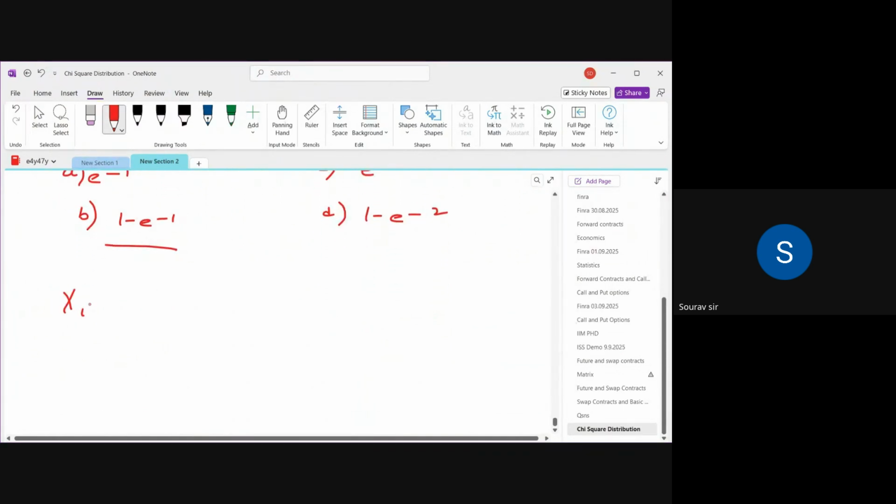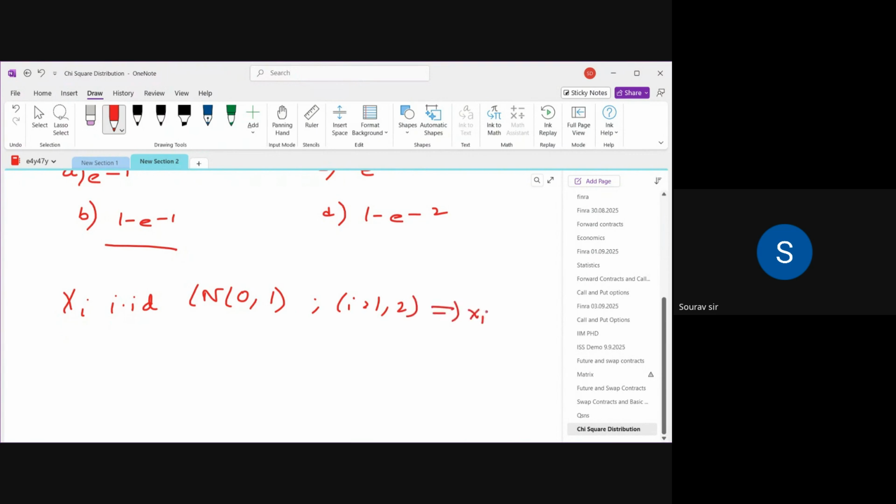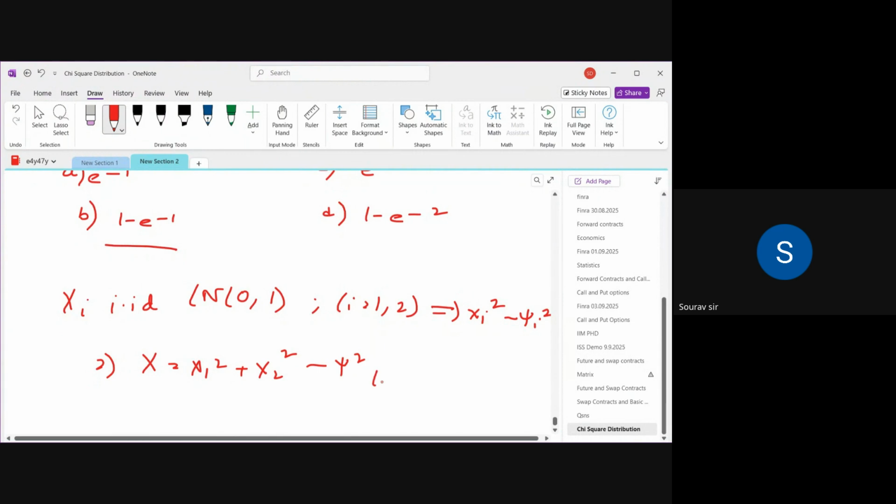So Xi are identically and independently distributed, so n will be 0, 1, given i is 1, 2, and that is Xi squared, which we did. So here X is equal to X1 squared plus X2 squared, so 1 plus 1, that is 2 degrees of freedom by the additive property. Okay.